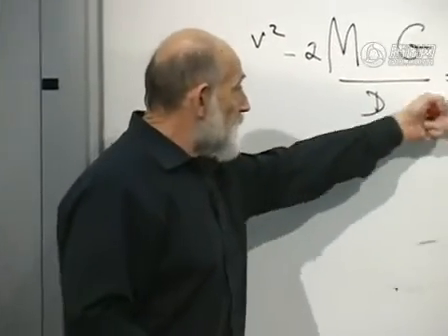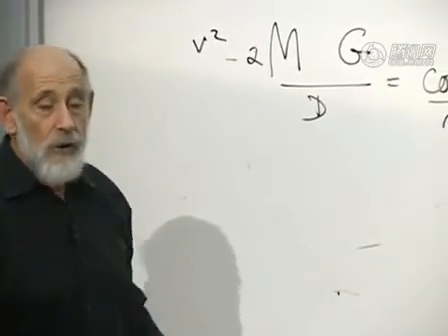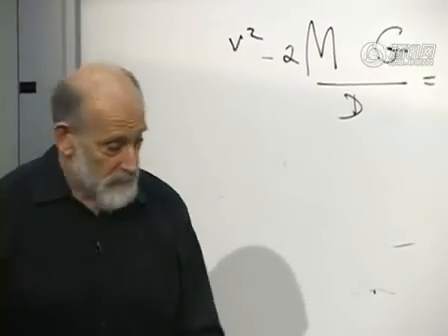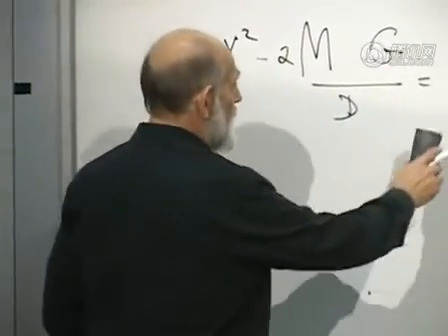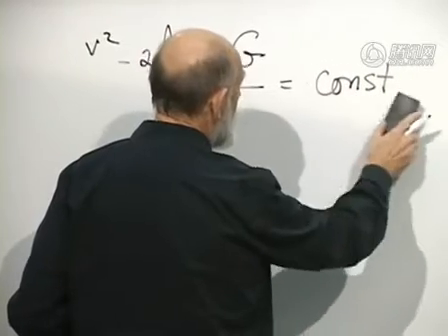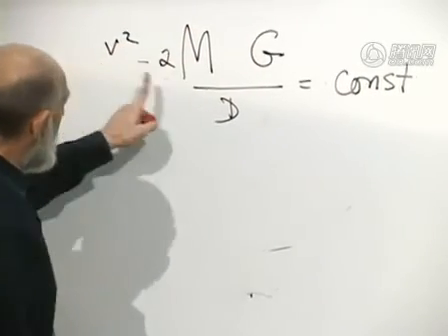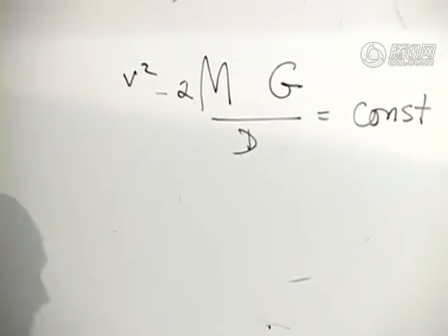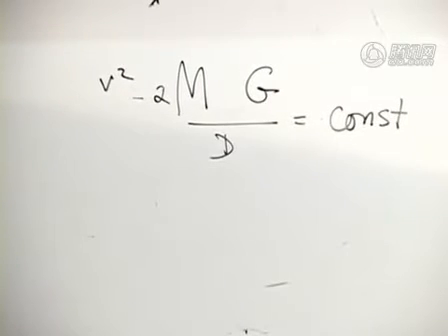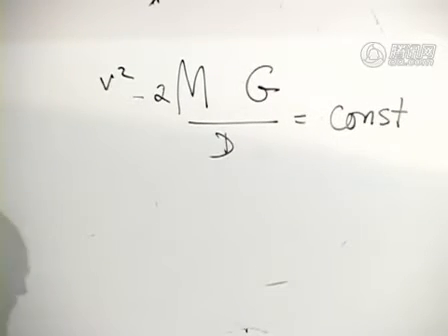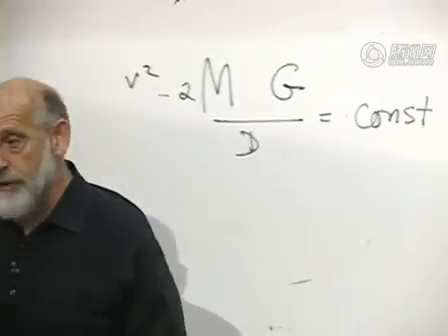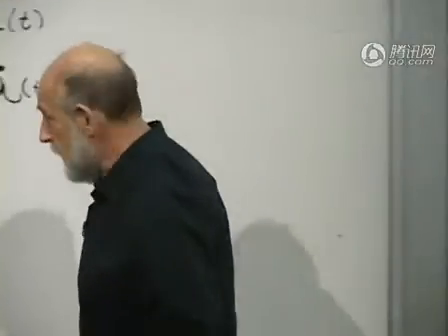What is a constant divided by m? It's also a constant. So I can just call it constant. I don't need to write constant over m. All I need to remember is that the left-hand side does not change with time. It's equal to something which is constant with time.